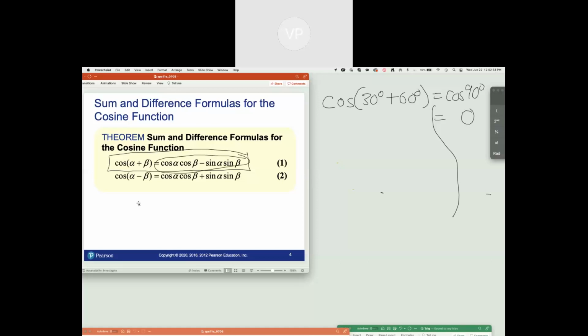I'll break down how it works. You write it as cosine of the first times cosine of the second. So I'm going to take cosine of 30 degrees times cosine of 60 degrees. Then we subtract the sine of the first times the sine of the second.